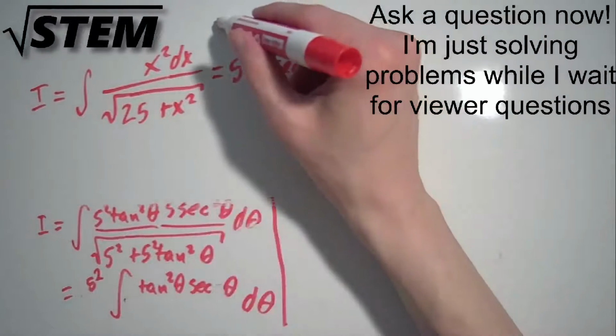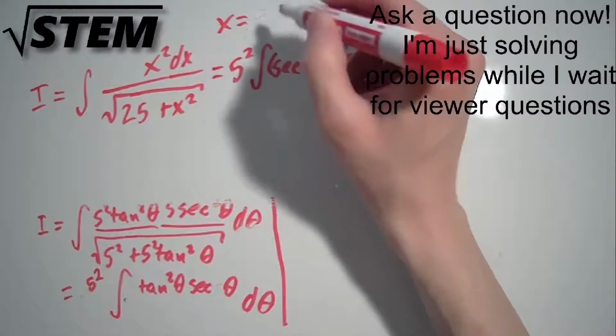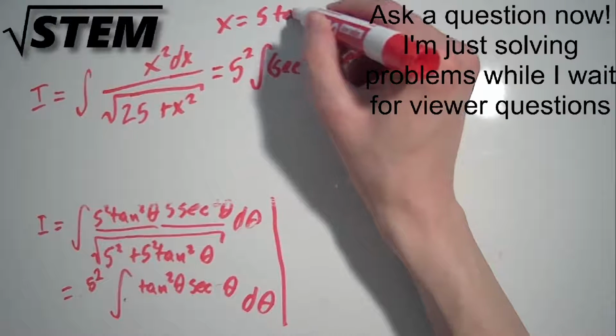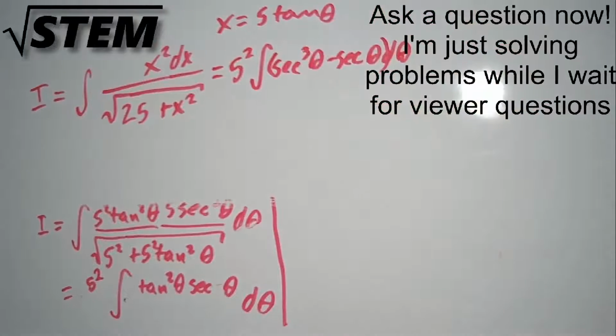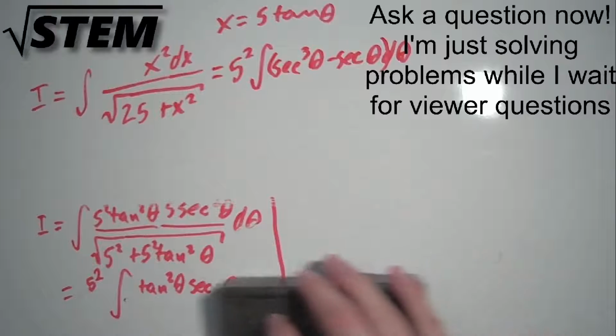And let's remember that our substitution was x equals 5 times the tangent of theta, because we will probably need to undo that later.